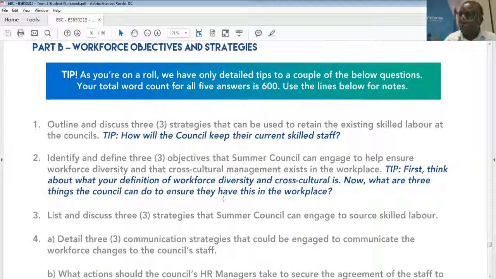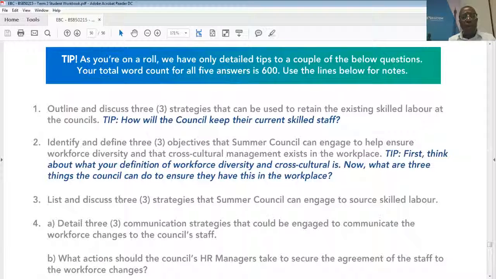Research tells us it's not only about money. We have people that earn a lot of money, but they still leave their jobs. What is it that you would want or that you would expect an employer to do for you to keep you interested in the company?